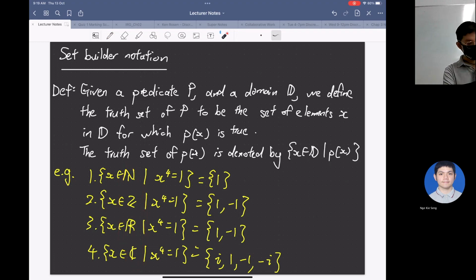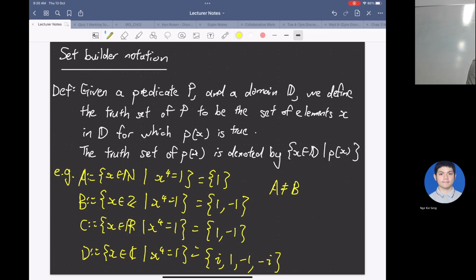You can see that the sets are not equal to each other.